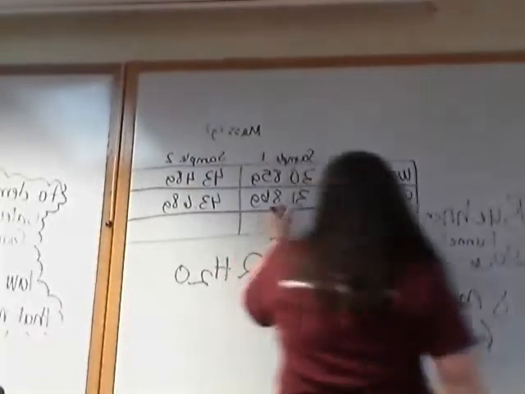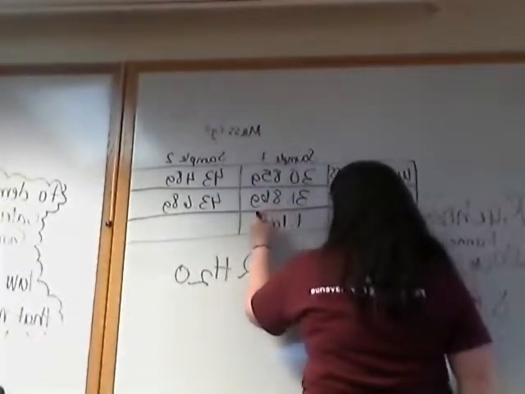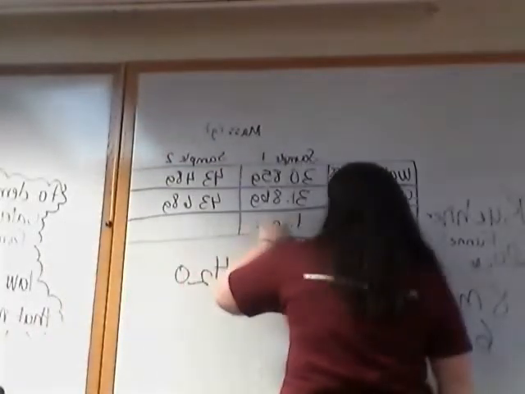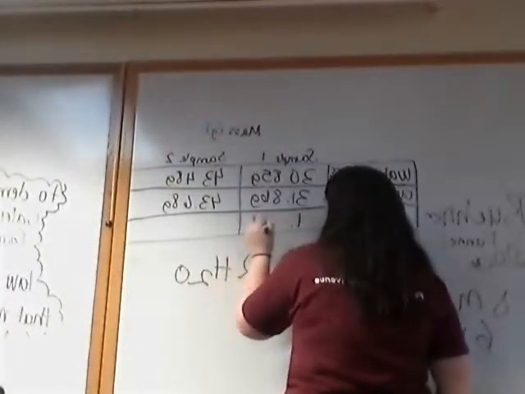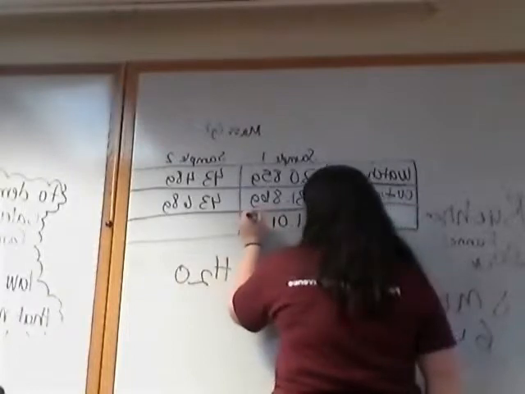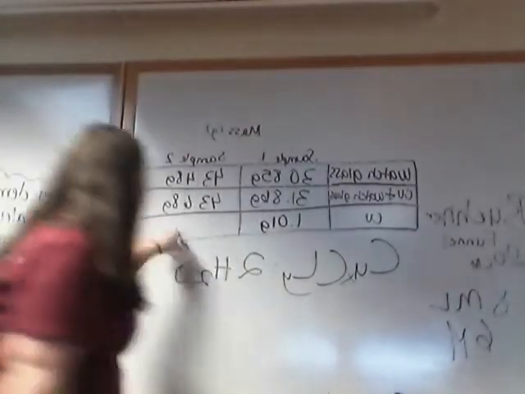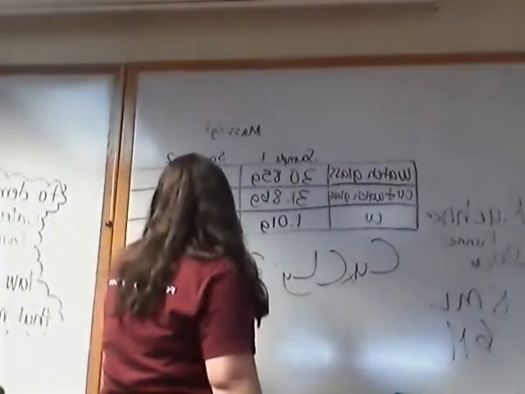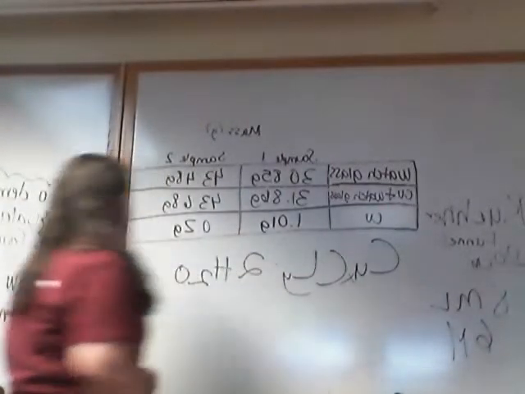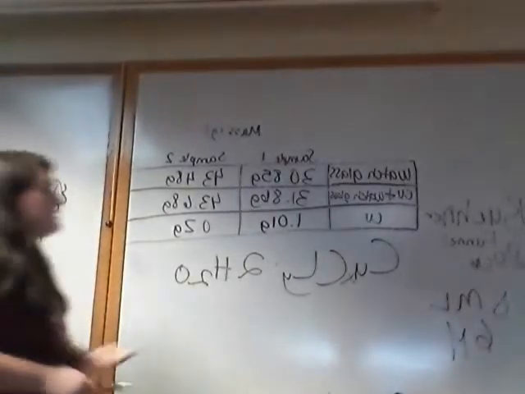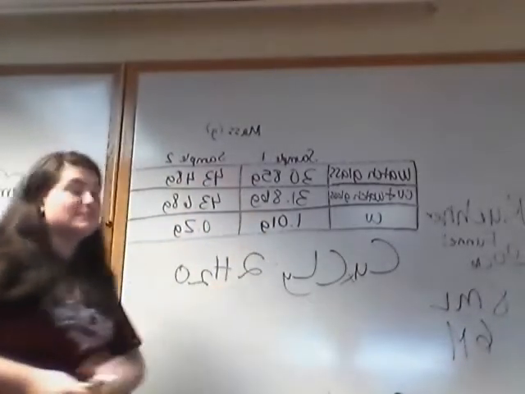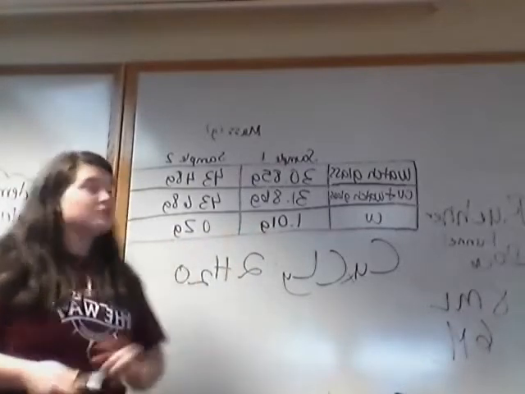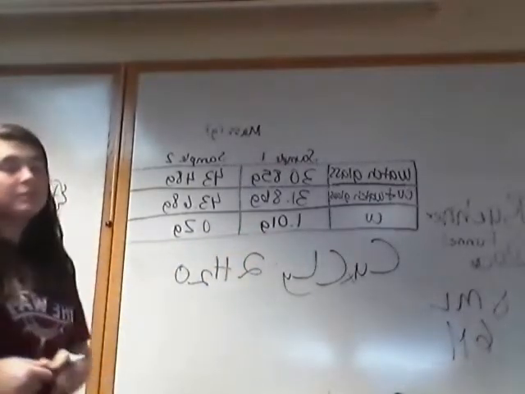For this one, you get 1.01 grams. For the second one, you get 0.2 grams. Obviously, something weird has happened because this sample is much larger than this sample, so one of these was probably done incorrectly.